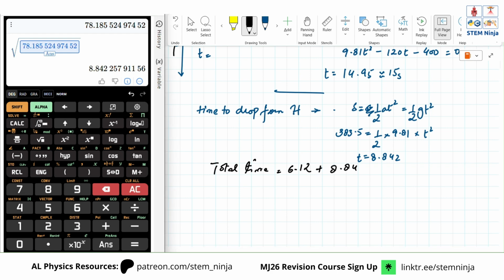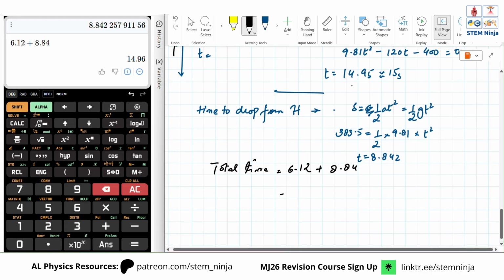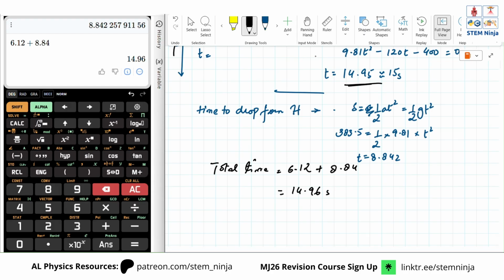So 6.12 plus 8.84 is 14.96, exactly what we had over here. Barring mistakes from rounding, this would be the total time. Let's call it capital T just to distinguish from the other times we have been calculating.